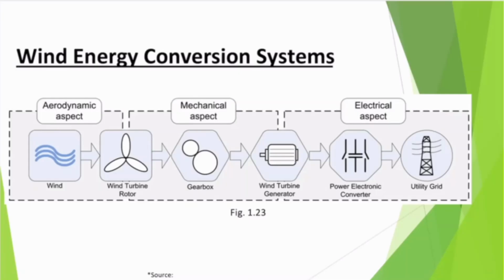Now, the wind energy conversion system typically works this way: first of all, wind is applied to my wind turbine rotor, and then there is a gearbox, which rotates my wind turbine generator, and then we have power electronic converters for converting energy from one form to another, and then it is connected to my utility grid.